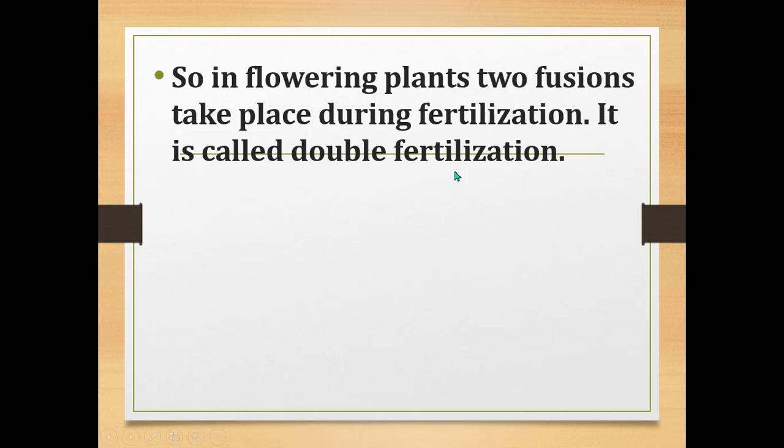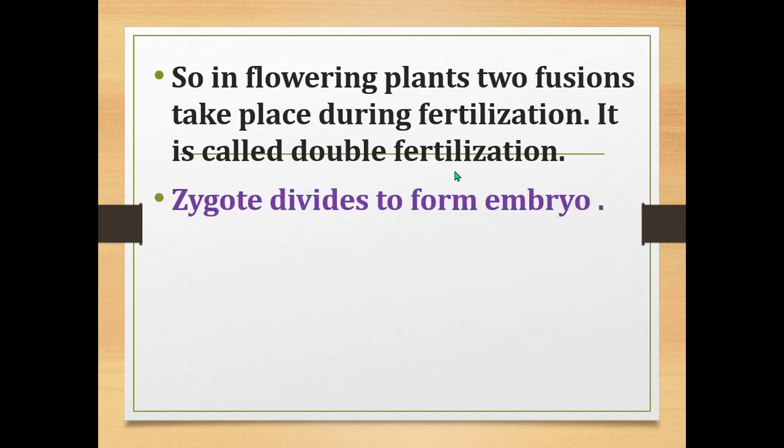So, the egg cell will combine with one male germ cell, and the other male germ cell will combine with the polar nuclei. Okay, so the two fusions are happening during fertilization, so it is called double fertilization.